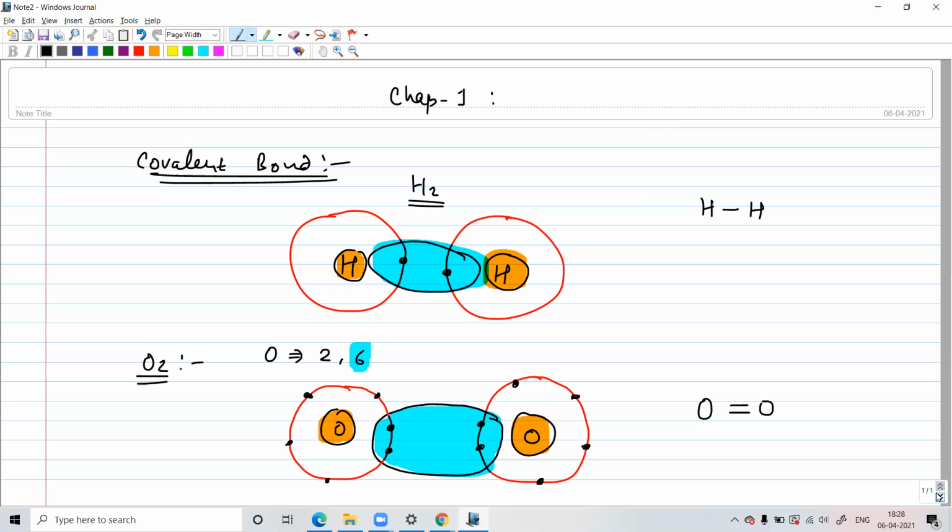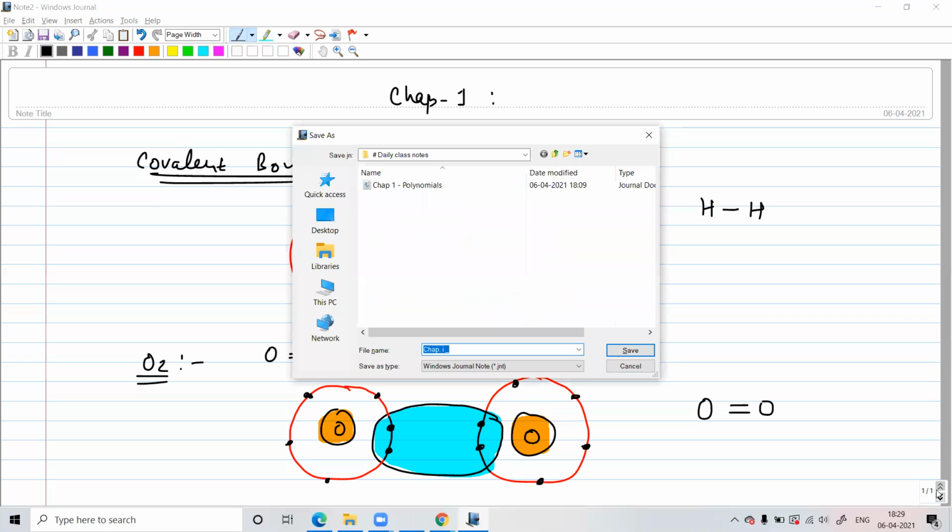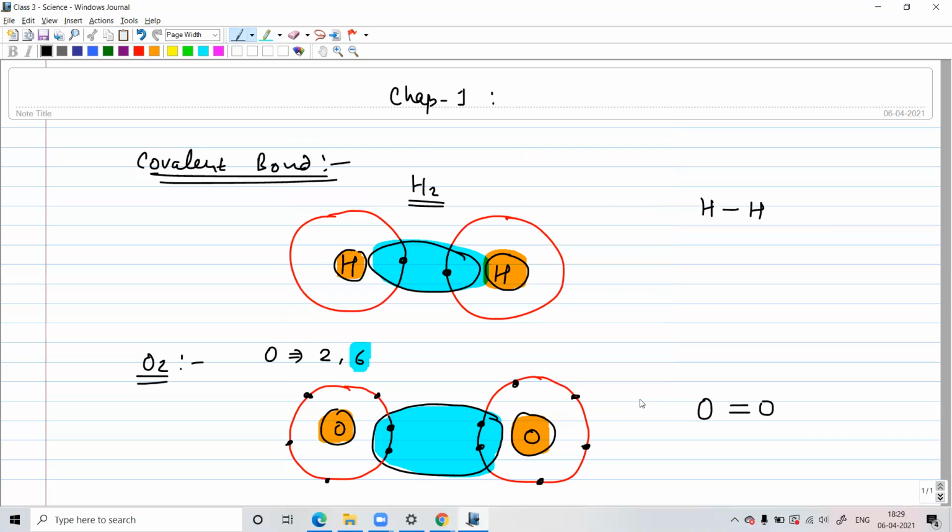So for now, just high level idea: ionic bond, and covalent bond. So is that clear?